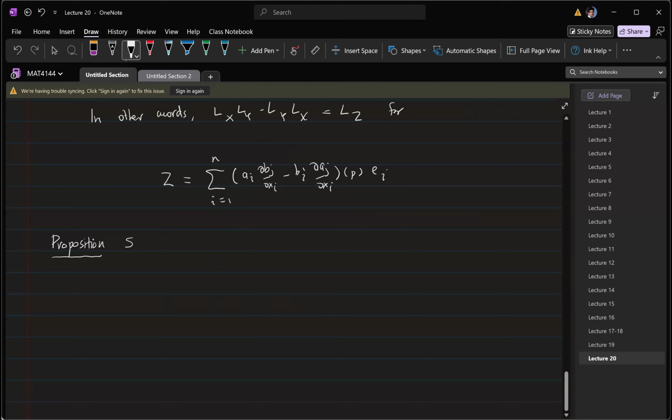So I use this fancy X(U) to be the vector space of all vector fields on U. Now, this X(U) is a vector space.